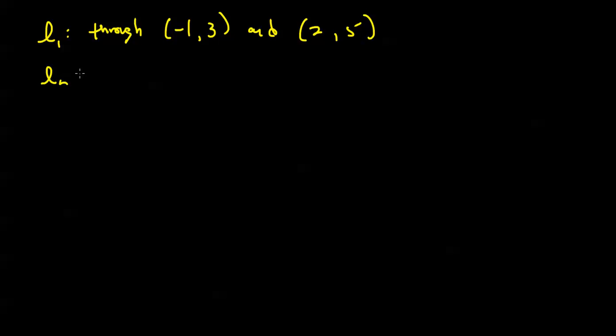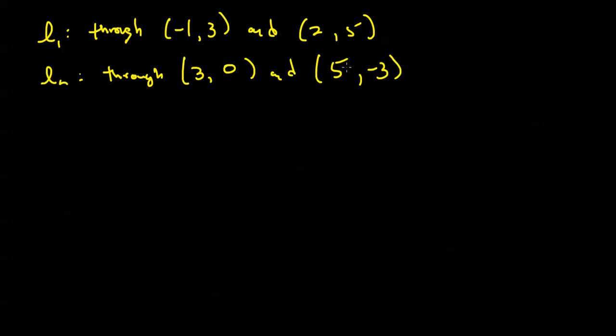Let's say L2 goes through two different points, 3, 0 and 5, -3. And we ask, are these lines parallel, perpendicular, or neither? And of course, to make that judgment, we've got to compute the slopes.